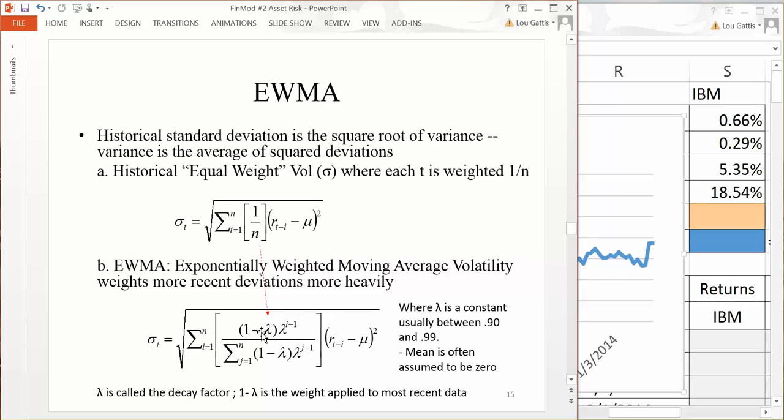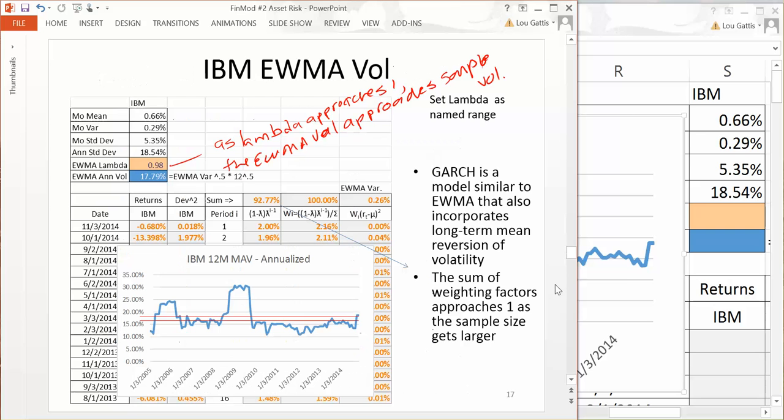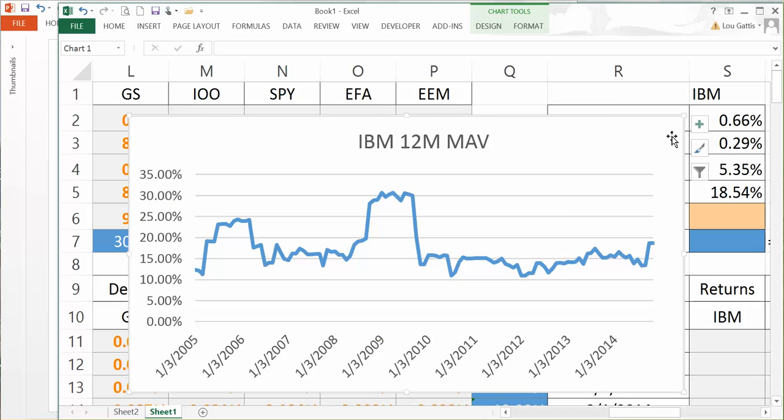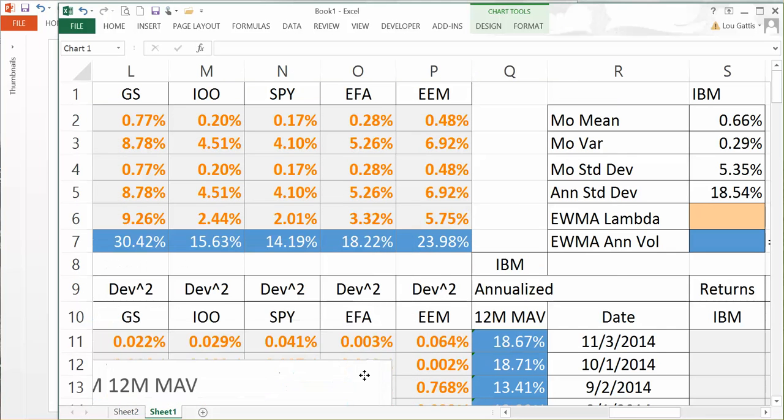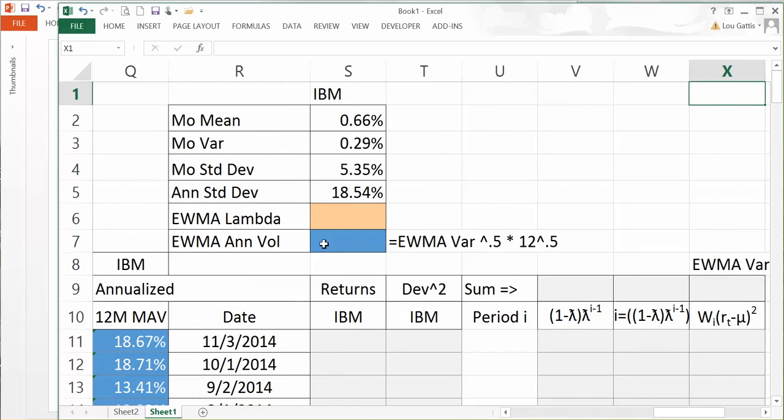So I'm going to use a constant of 0.98. I got that from the JP Morgan RiskMetrics document that says the optimal decay factor, or predictive factor, or lambda, for estimating U.S. equities is 0.98. And I'm going to take that and calculate an EWMA vol that weights the more recent data a little higher. So I'm going to put my 0.98 in there.